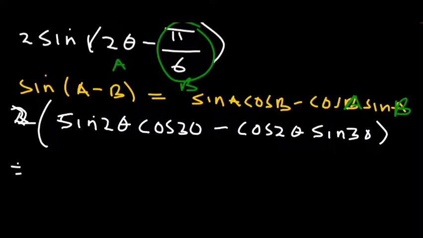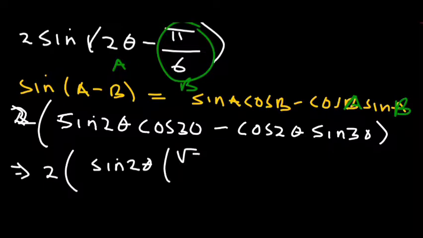So now this implies that 2 sine 2 theta times cos 30 degrees. So what is cos 30 degrees? When you go on the unit circle there, what is cos 30 degrees? So cos 30 degrees is the same as root of 3 over 2. Then minus cos 2 theta.